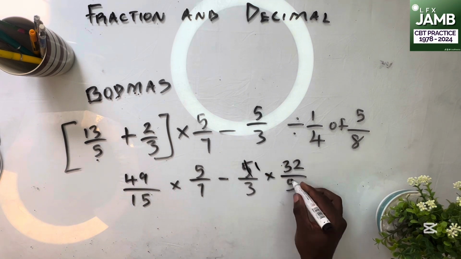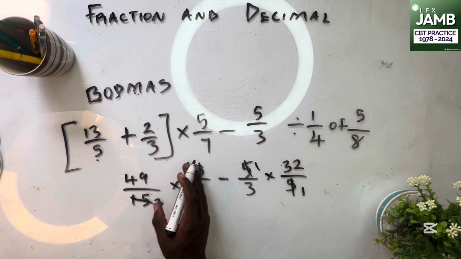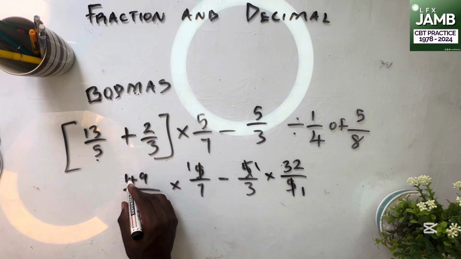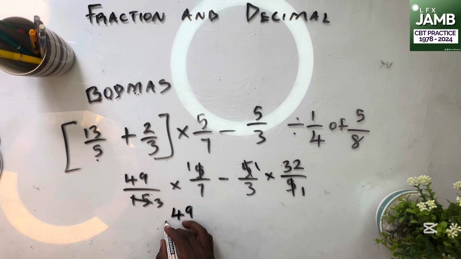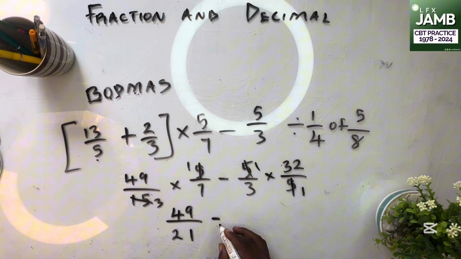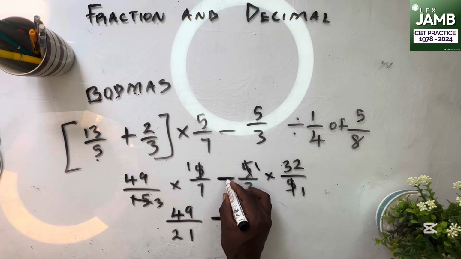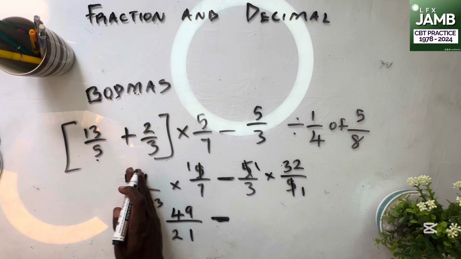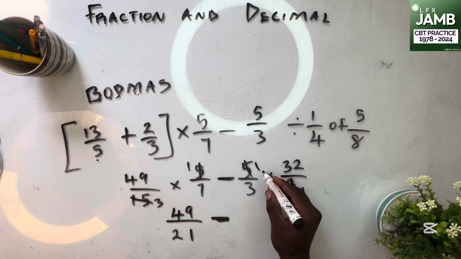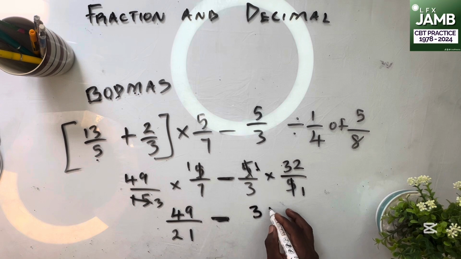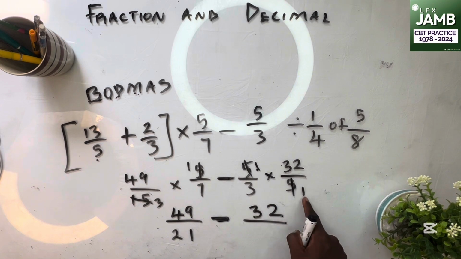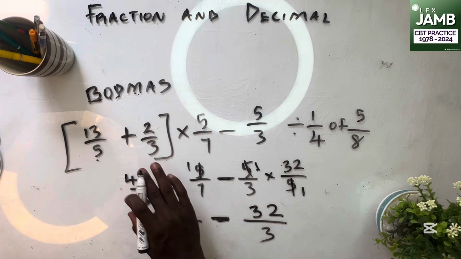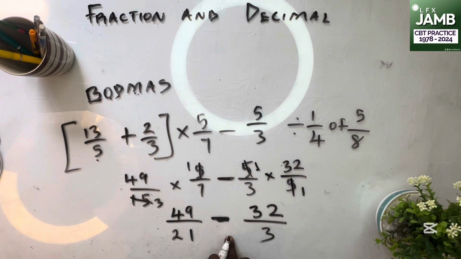So we multiply the remaining factors left. 1 times 49 will give us 49 over 3 times 7 will give us 21, minus, and 1 times 32 gives us 32 over 3 times 1 gives us 3. We have just simplified this to this, and the last operation there is what? Subtraction.